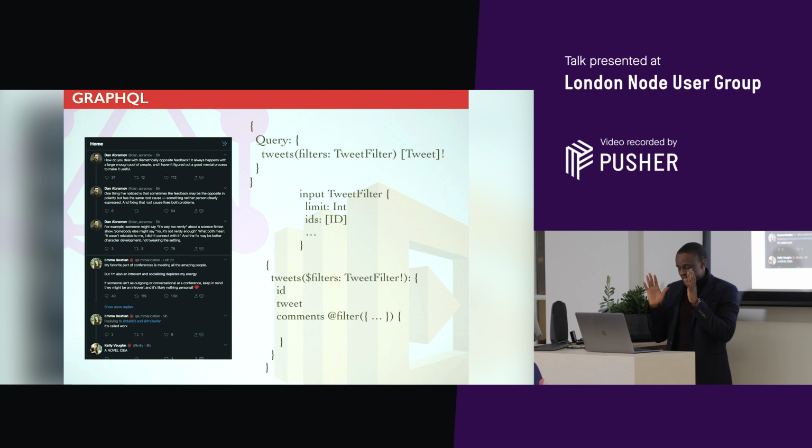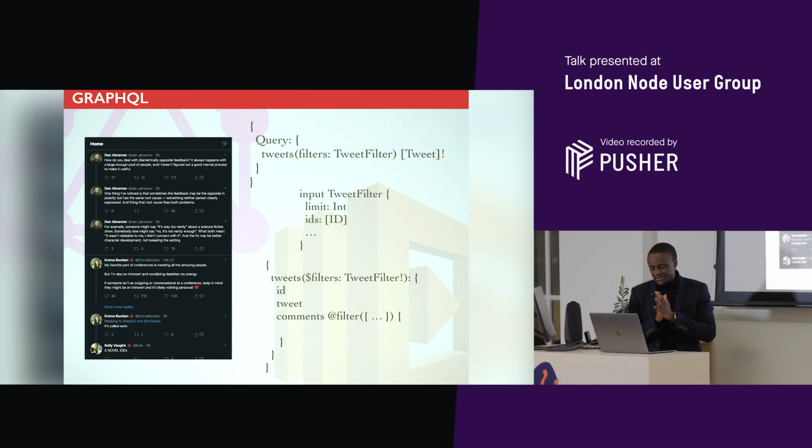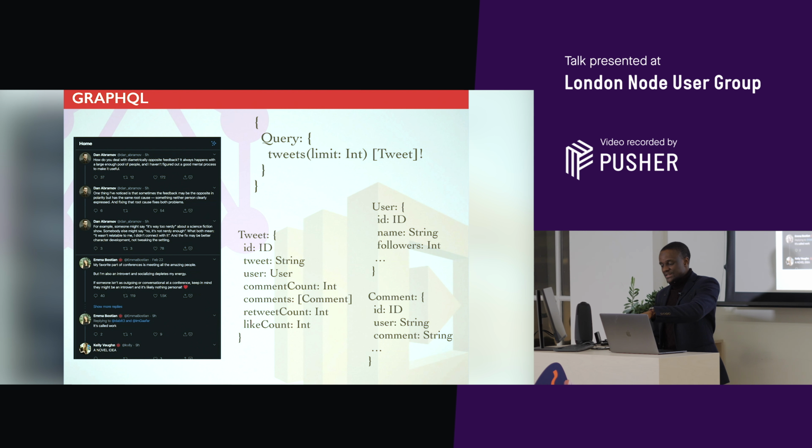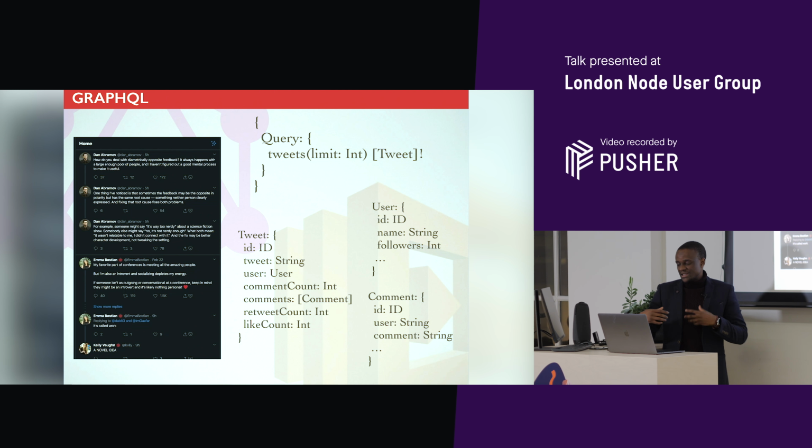So in the land of GraphQL, this is basically the contract we have with the front end. So the front end says, "Fine, there's a query, and in this query there's tweets," and us in the back end, we have to write a resolver, and a resolver, all it is, is a function.